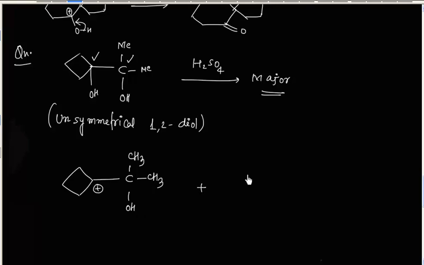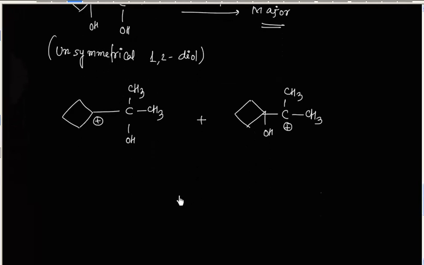So this is one possibility. Another possibility we have is this one. Now this is a 3-degree carbocation, and this carbocation is also 3 degree. But this carbocation is less stable.